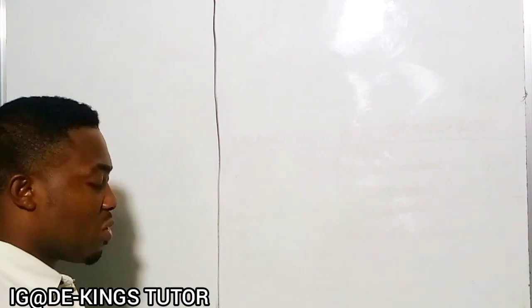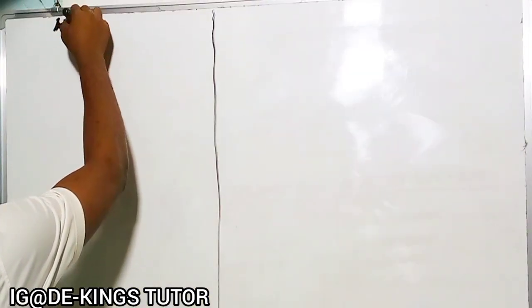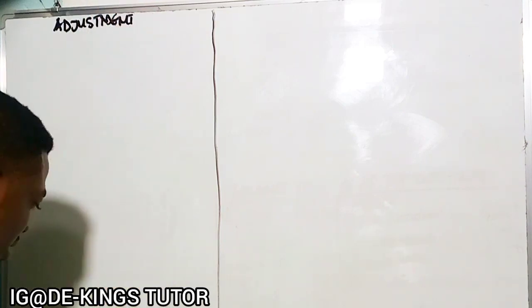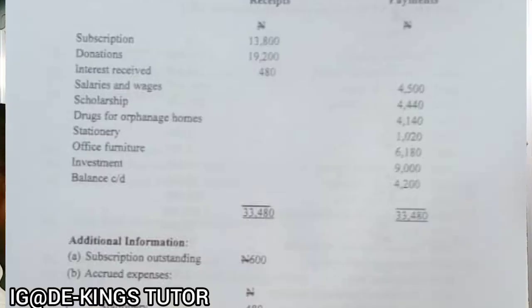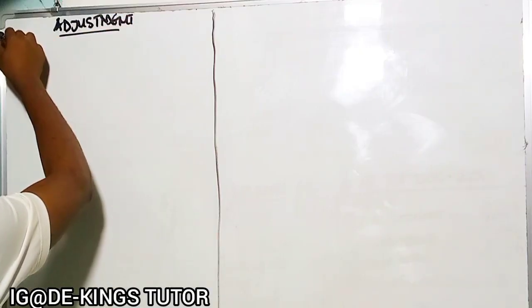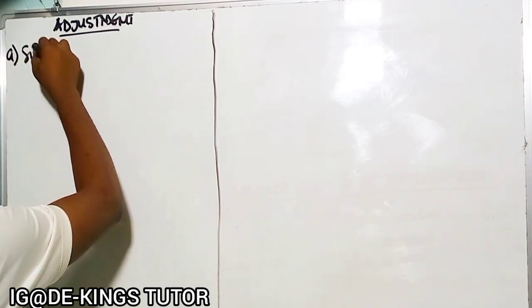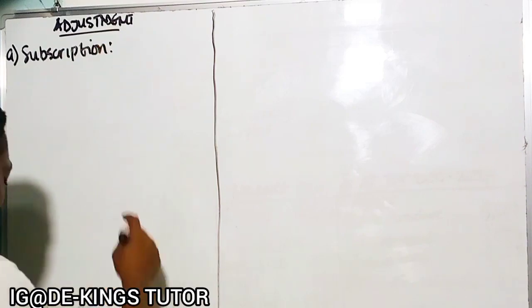Now, proceeding to solve this, we're going to start with our adjustment. We'll start from the first item there, which is the subscription, which is A. Our subscription is an income to the club.